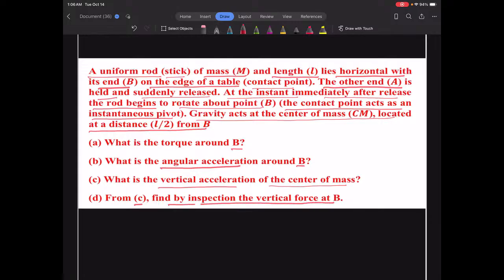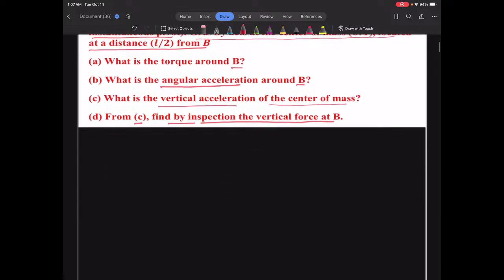So first of all, we are going to draw an approximate figure for the given question. Suppose this is some kind of table, and on this table there is a stick lying something like this.